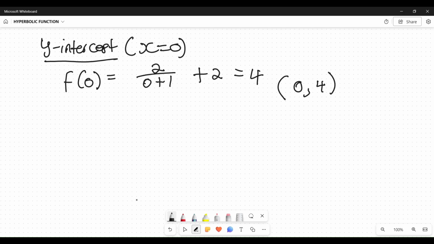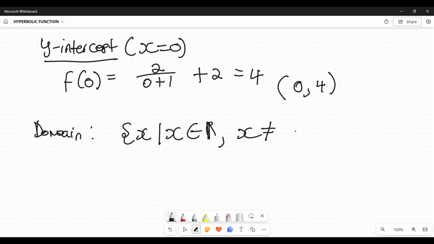Before we can do that, I've already determined the domain for our hyperbolic function. Remember that earlier I said the domain is the set of x values whereby x is an element of real numbers, and x is not equals to negative 1.